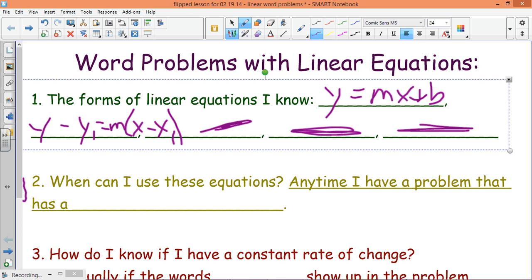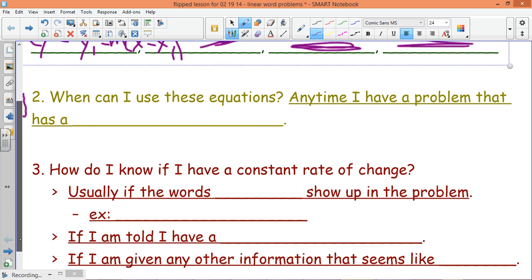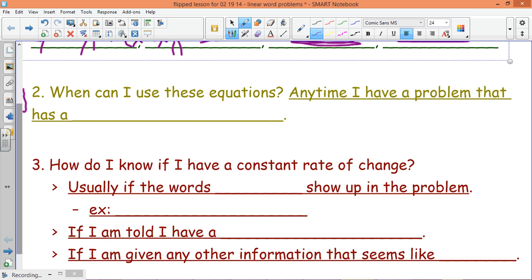When can I use these equations? Maybe we haven't spent enough time figuring that part out, and that could be my fault, but let's figure out when I am able to use these 5 different equations. Well, anytime I have a problem that has a linear relationship. I want you to write something else.